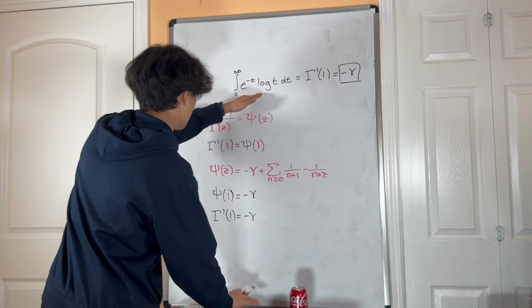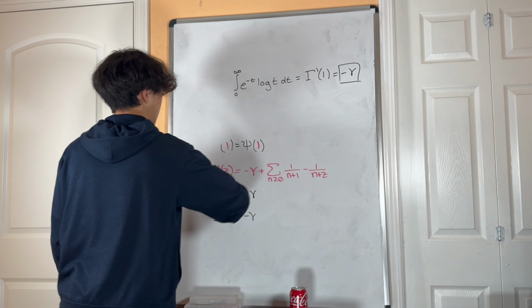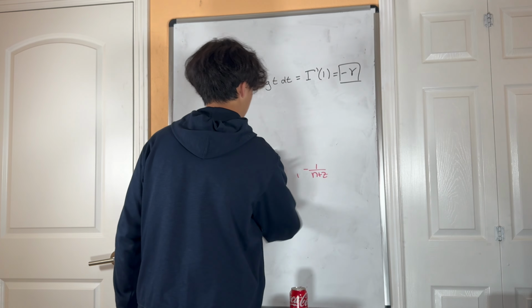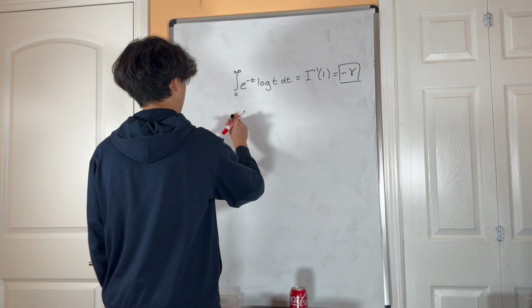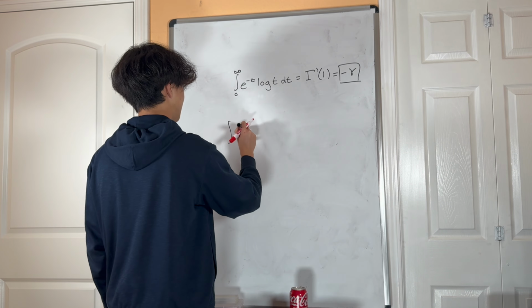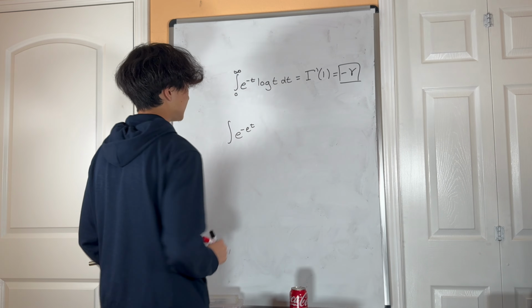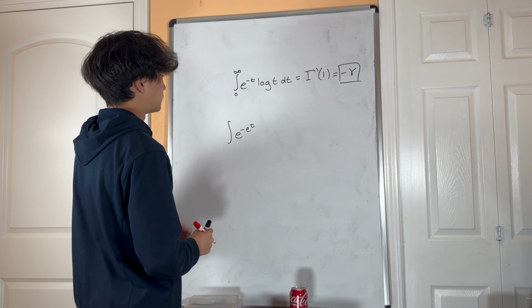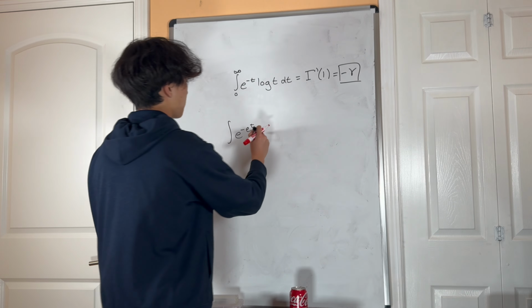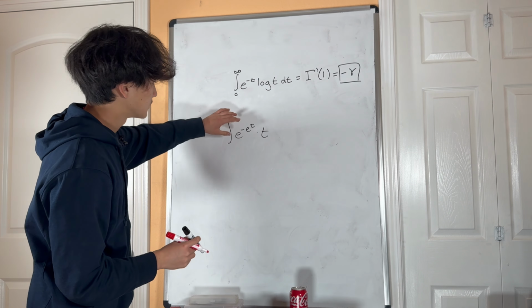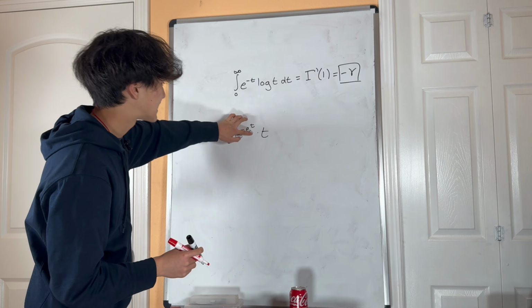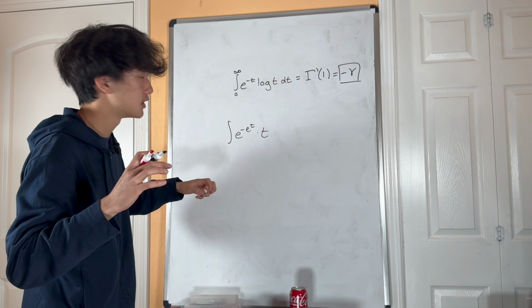So that was very simple, but this is very important in a lot of places, especially because A, this inside has no elementary antiderivative, and B, it's very common to find something like the integral of e to the negative t times log t, where t is 2 layers apart.